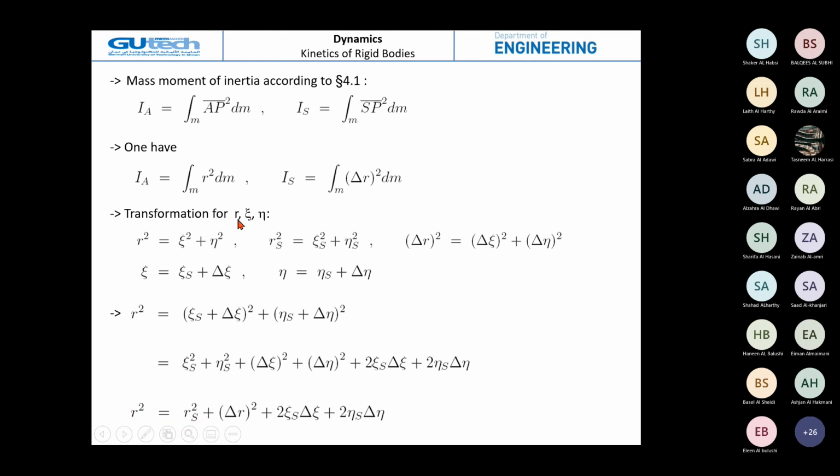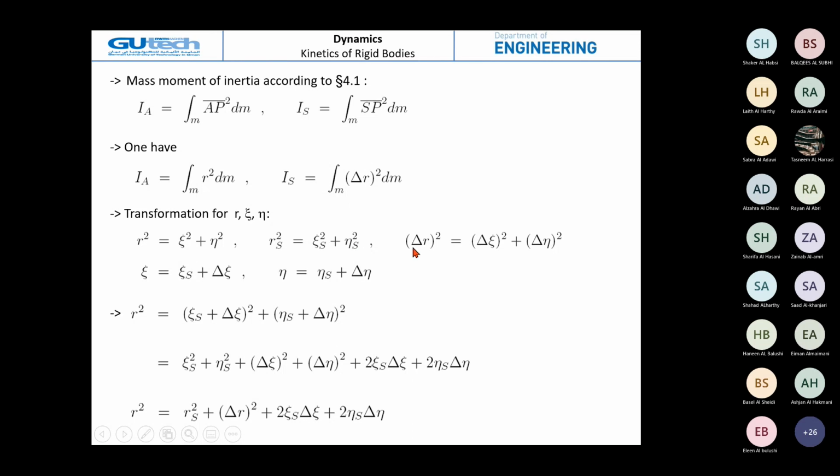Now, transformation for R, Xi and neta in X and Y direction: we have R squared, it's only Xi squared plus neta squared. At the center of mass here, we have RS squared, which is equal to XiS squared plus netaS squared.